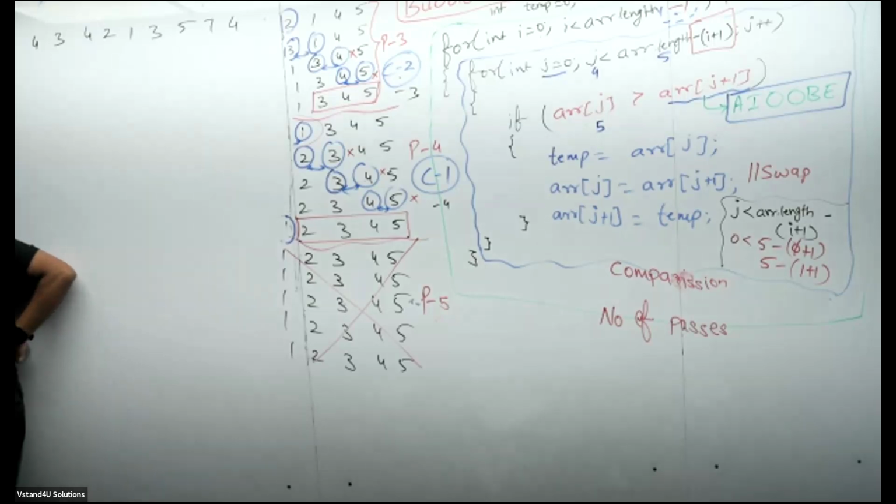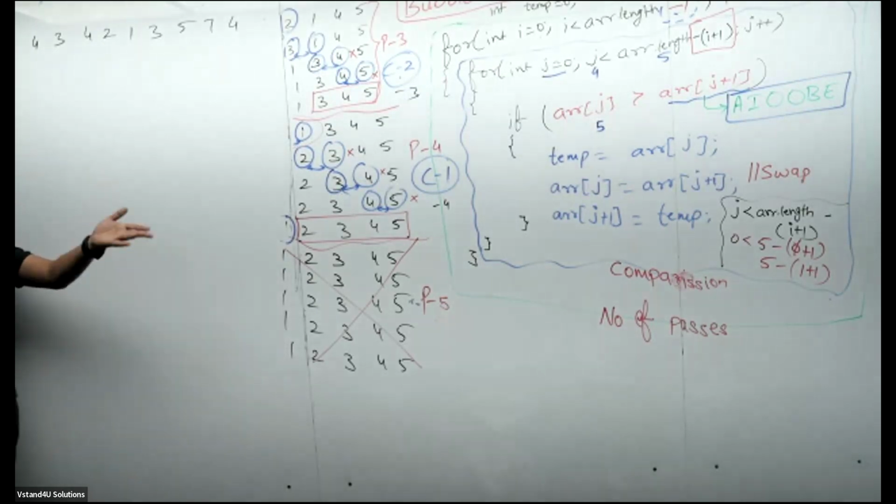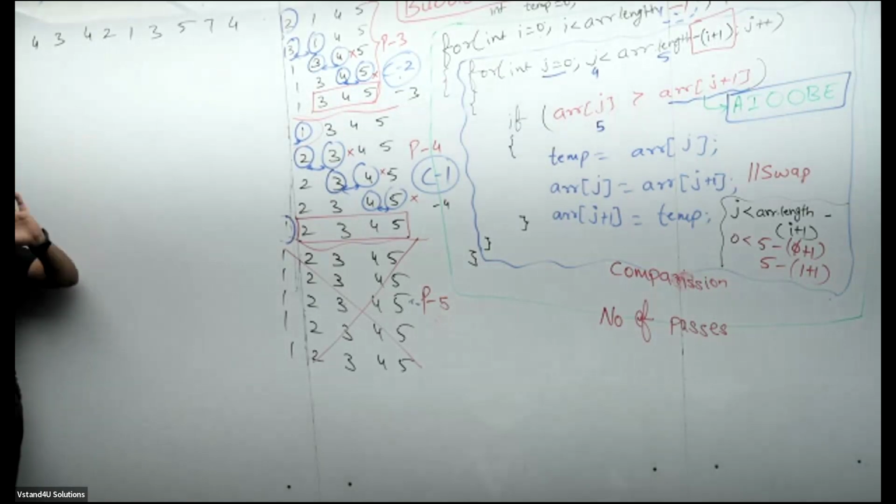Or do one thing. Print the unique elements. Basically, ignore the duplicates. Print the unique elements, those which are occurring only once.